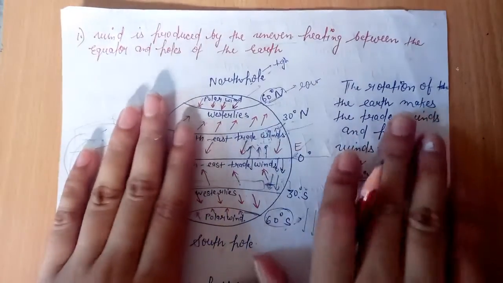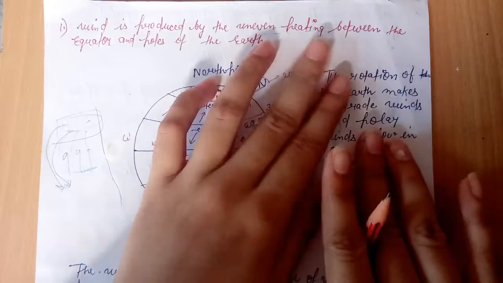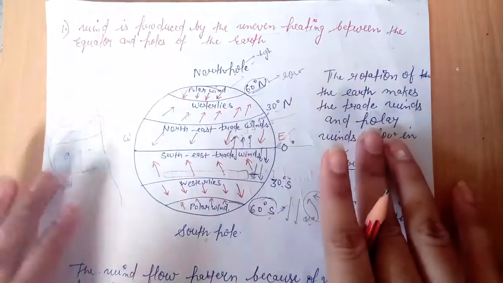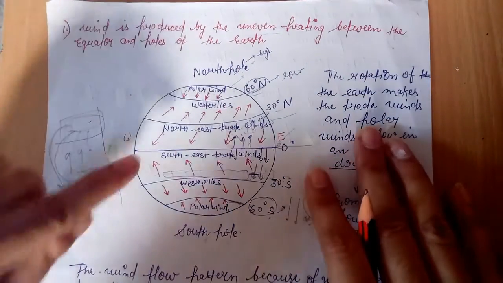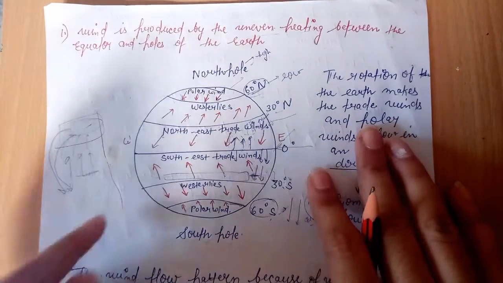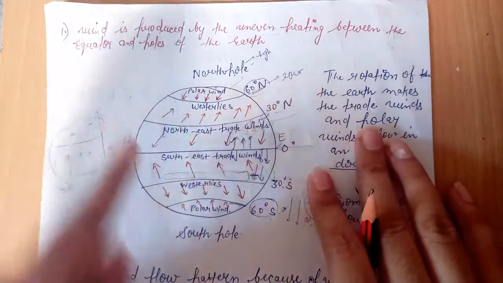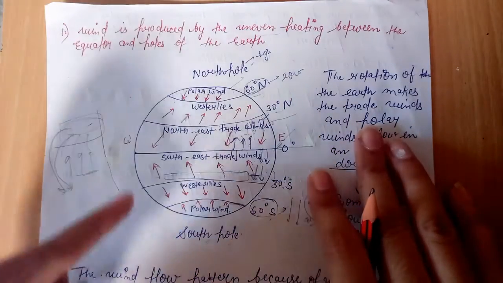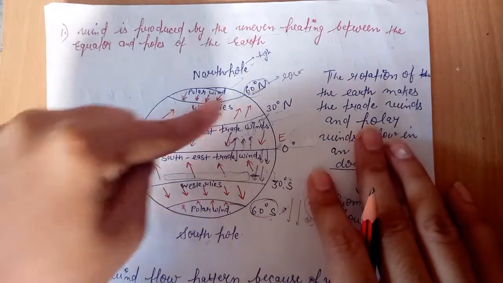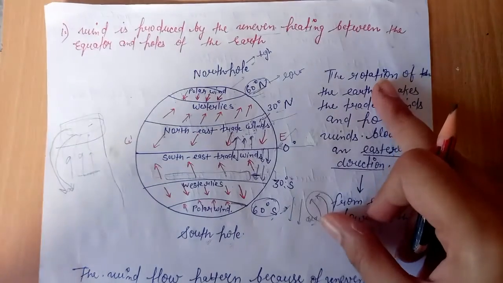So this is how wind currents are generated because of the uneven heating between the equator and polar region. Trade winds and polar winds blow towards the west direction, and westerlies blow towards the east direction.